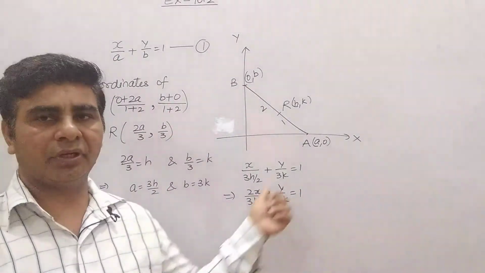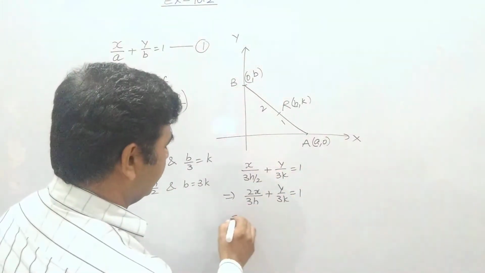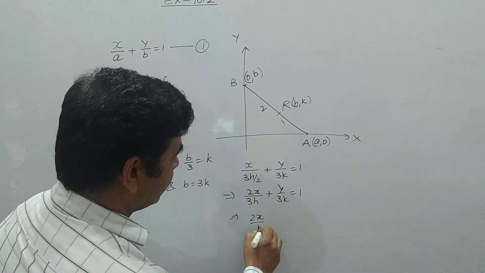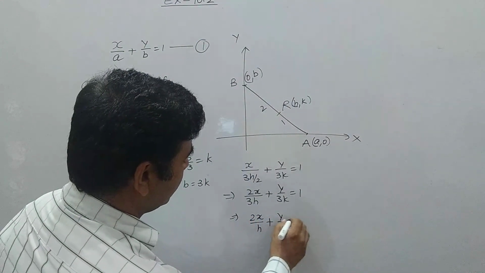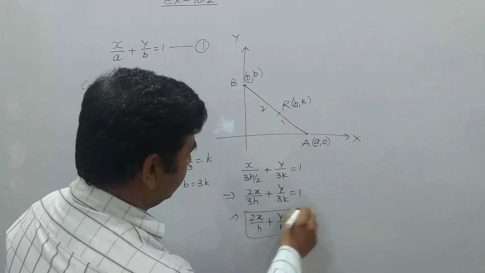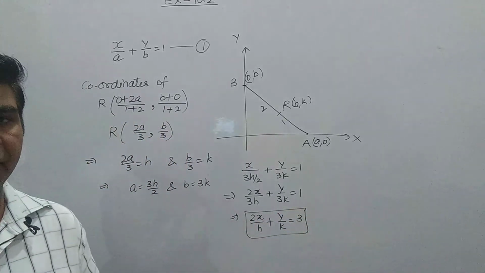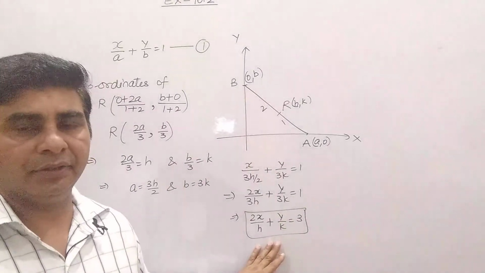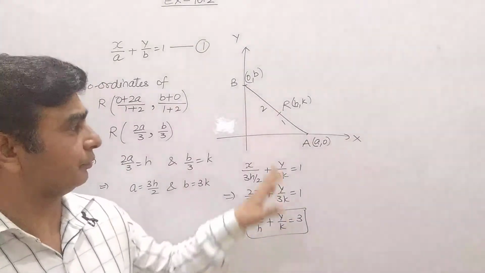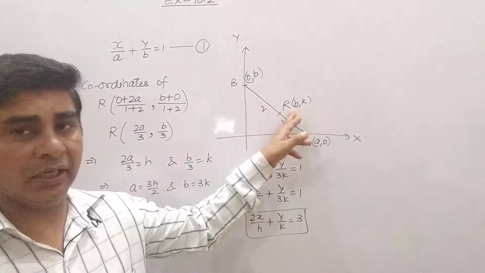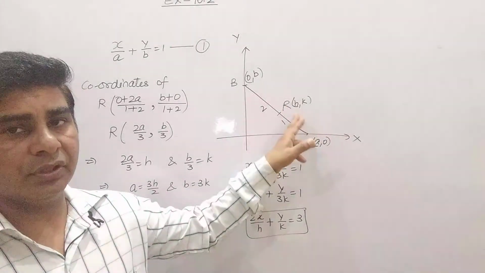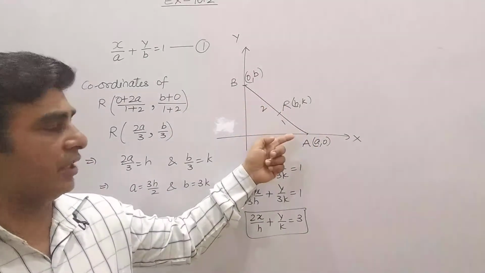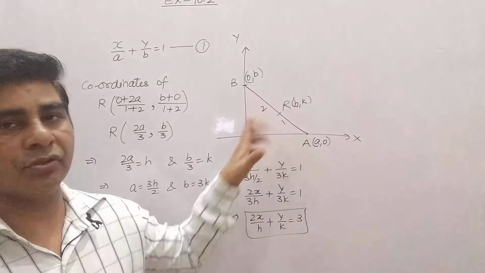So this can be taken to the right side and this will give you 2x/h plus y/k is equal to 3. You can write the equation of the line in this form as well. So this is the equation of the line having a point R in such a way that it divides the line segment between the axes in the ratio 1:2.